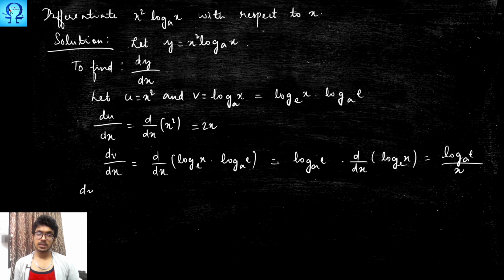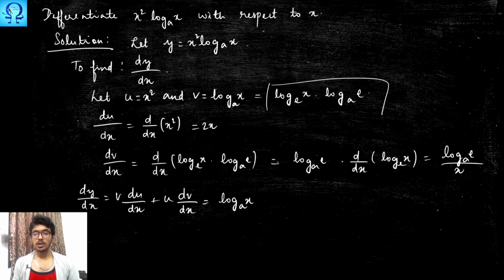Now, what is dy upon dx? This is v times du upon dx plus u times dv upon dx. What is v? It is log x to the base a. For differentiating only, we convert it into this form. For substituting, we shall have this as it is, right? And what is du upon dx?